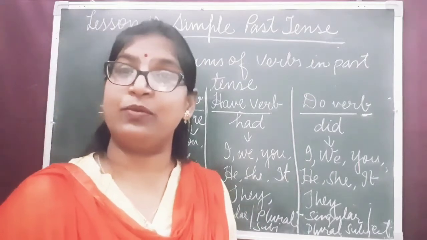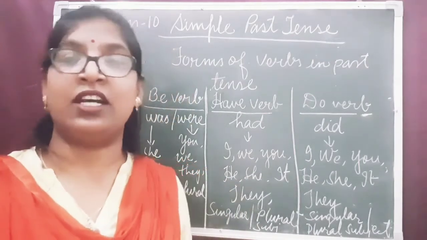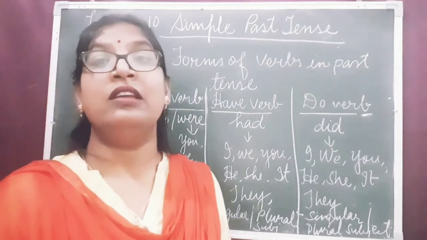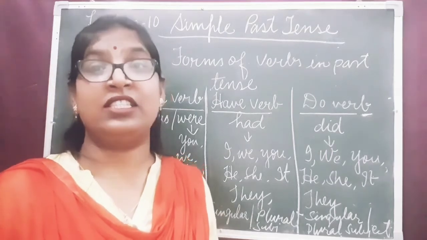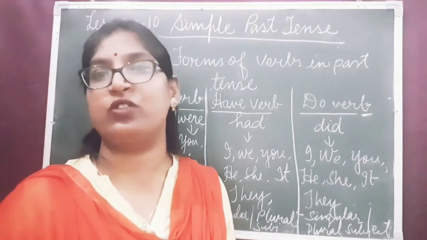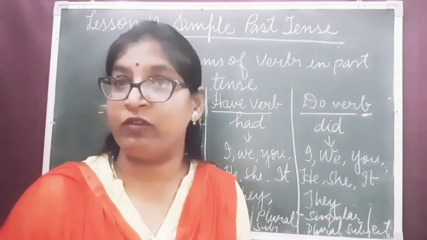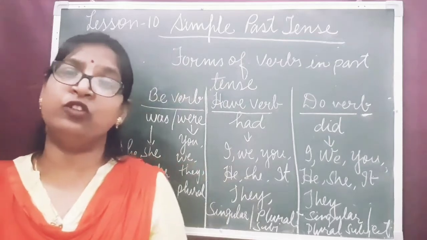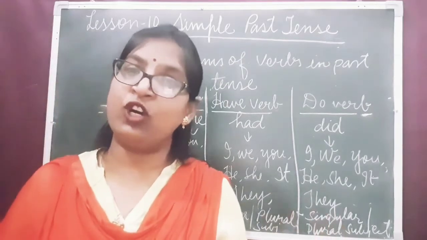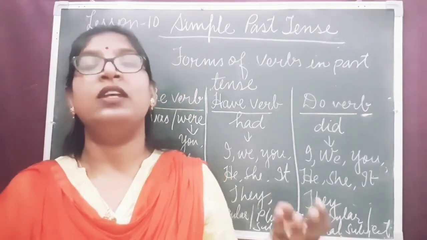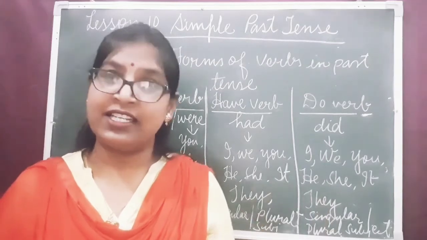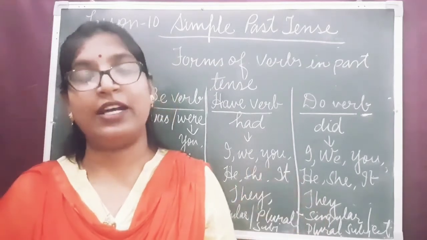And always remember, the action verbs are always used in the second form, which is also called the past tense form. If you remember, I have already explained the different forms of verbs: base form, S or ES form, ing form, past tense form and past participle form.